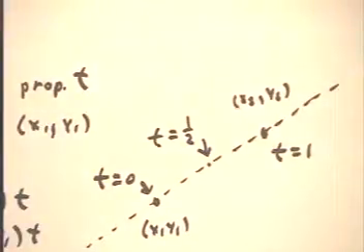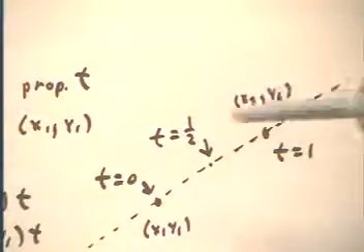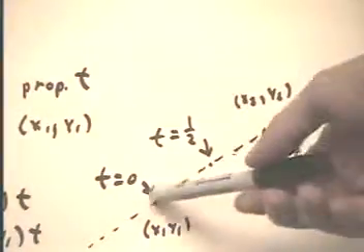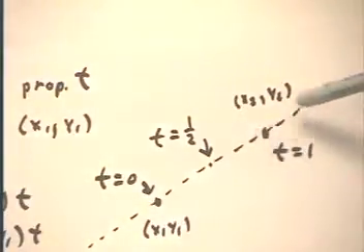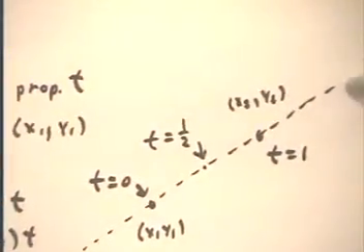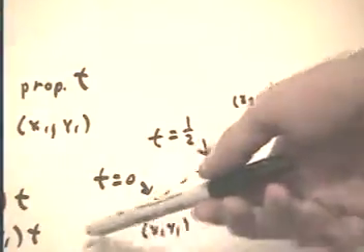We could also go to t values greater than 1 or less than 0. If t was equal to 2, then we'd be proportion 2 of the distance from here to here. That means we'd be twice as far from this point as this one is, which means we'd be out here somewhere at about twice the distance. So our t equals 2 point might be here. We could have a t equals -1 point over on this side.